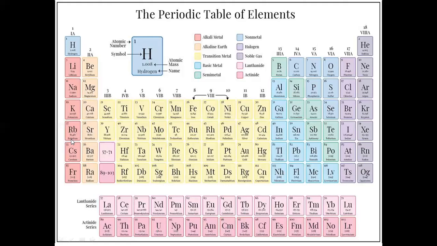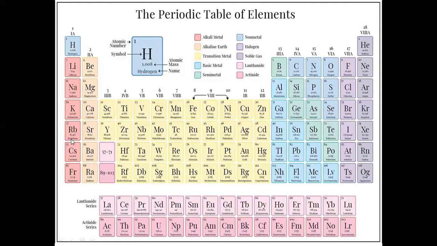So, first of all, now we know what the period number is, right? How many periods are there in the modern periodic table? Seven, sir. 7 periods are there. Horizontal rows are known as periods. In the first period, how many shells are there?